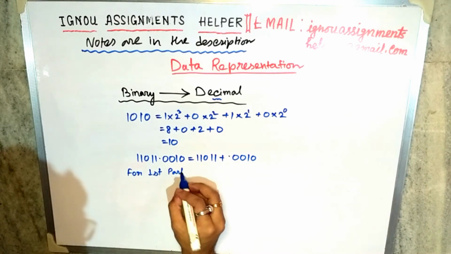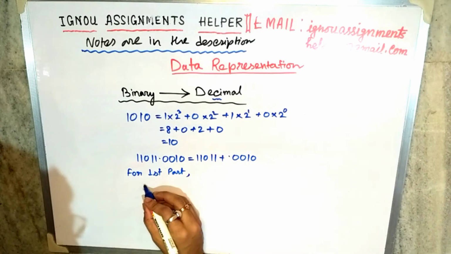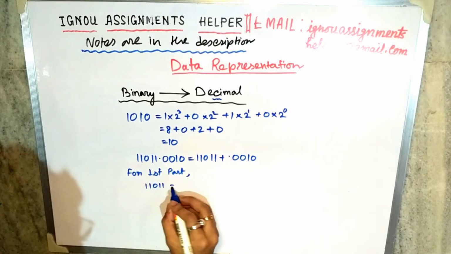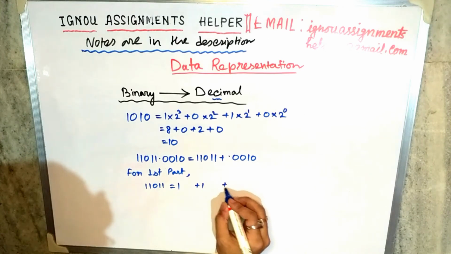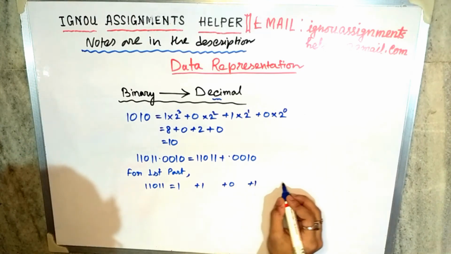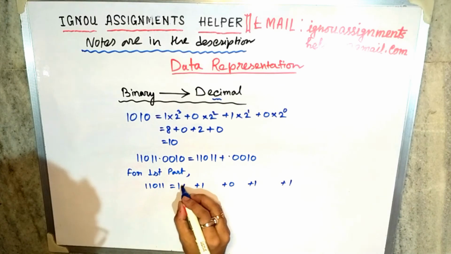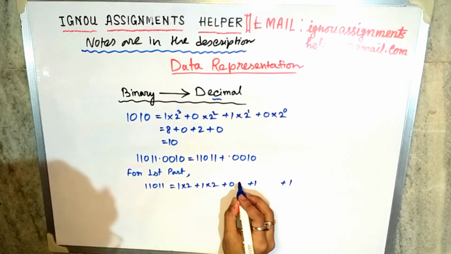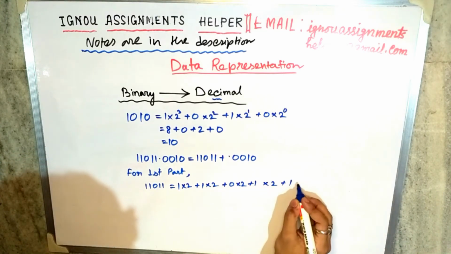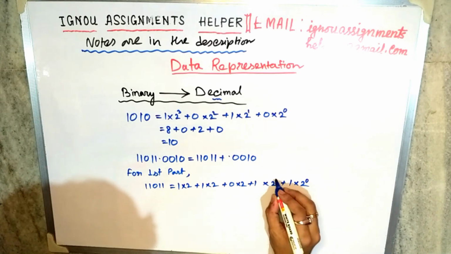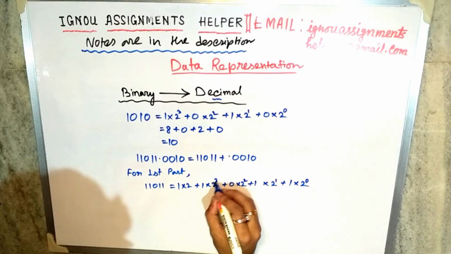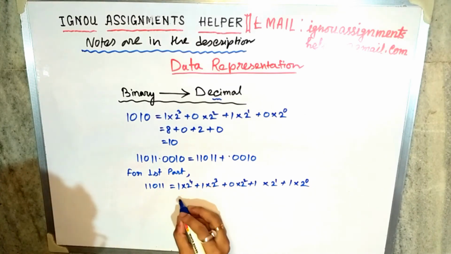For the first part, we'll follow the same rule. 11011: we'll write it as 1 1 0 1 1, and we will multiply each by 2. Now we'll increase the power: 0, 1, 2, 3, 4.